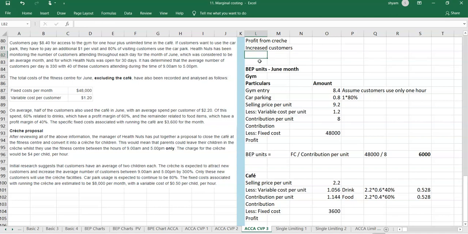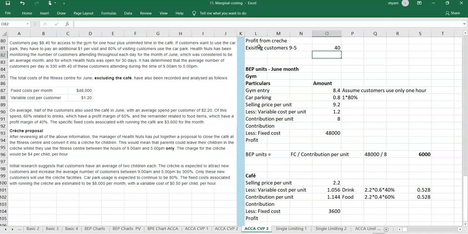What are the increased customers? If you see, they say that 40% of these 330 customers are going to use the creche. So the existing customers from 9 to 5 are 40 people.